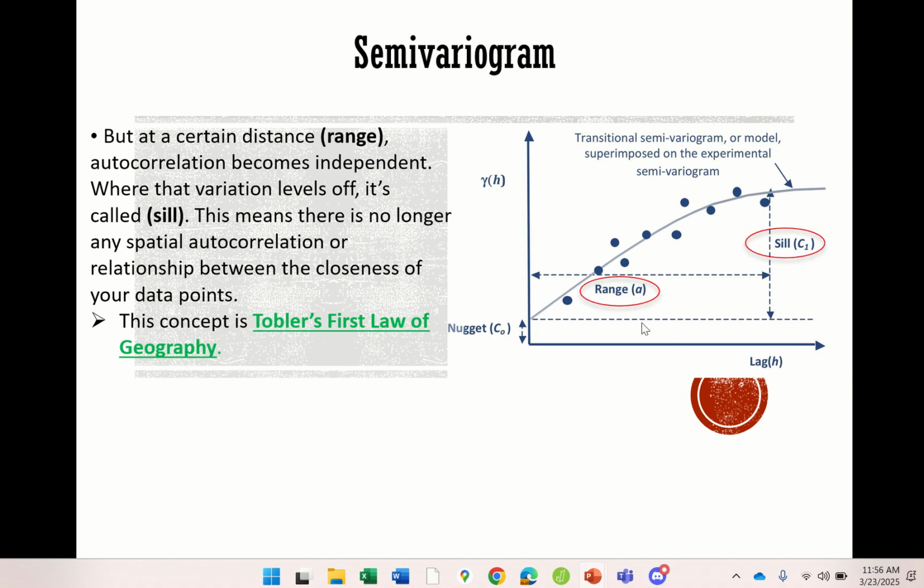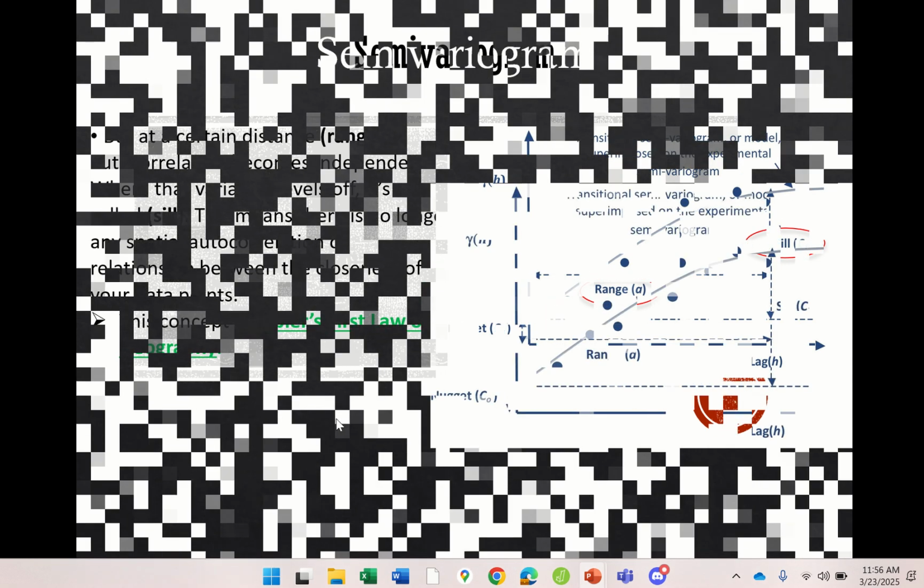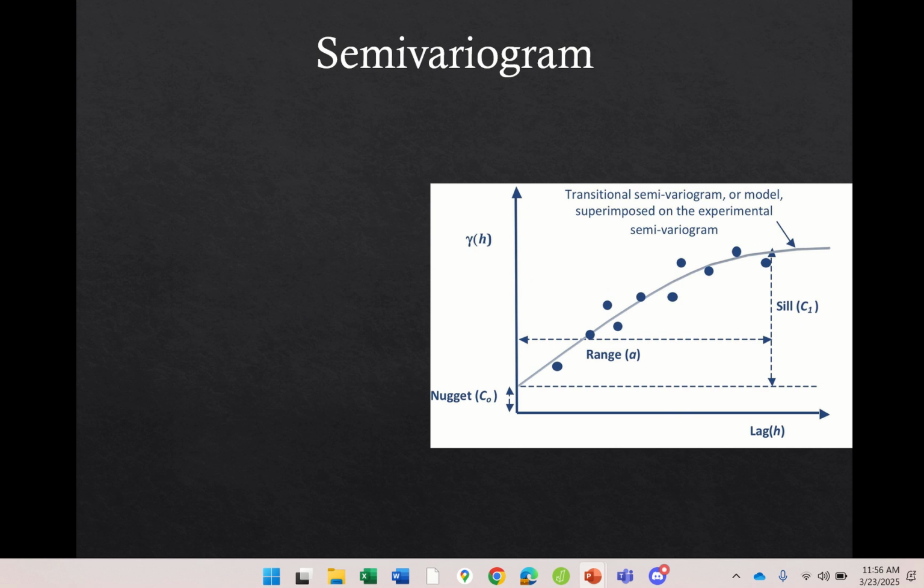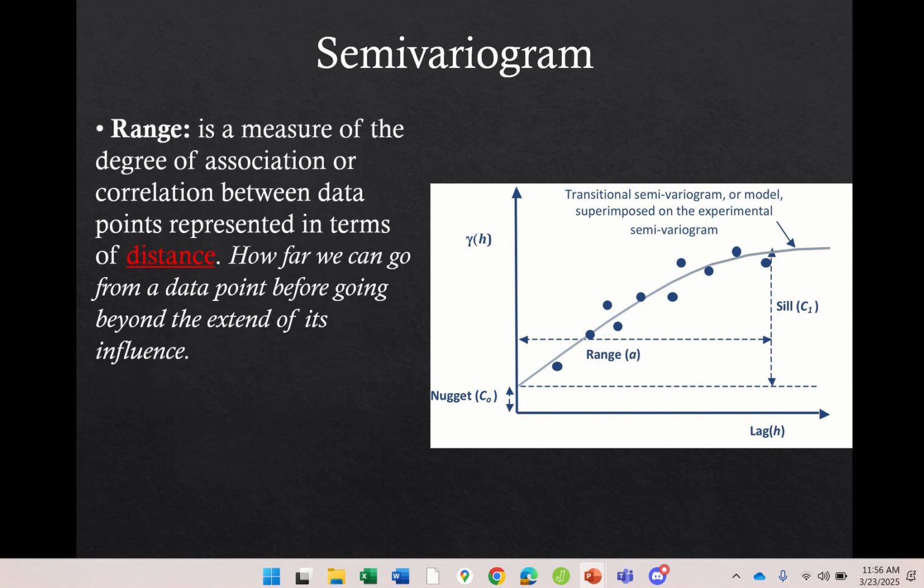The sill occurs at the distance of the range. Basically the range is the horizontal distance that needs to be between two points before you obtain the sill. And the sill is where we have no more autocorrelation between two variables. So again, the semi-variogram is essentially telling us how far apart two points have to be before they don't have anything to do with one another.